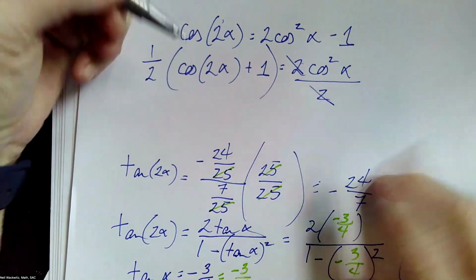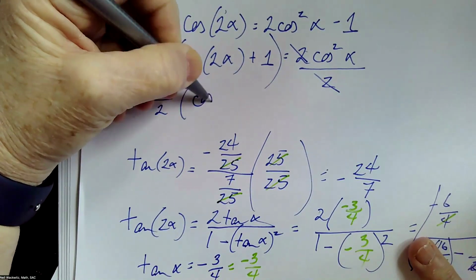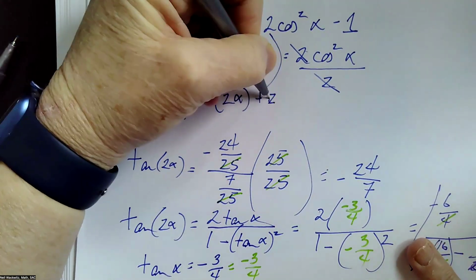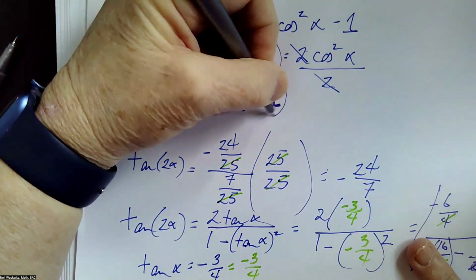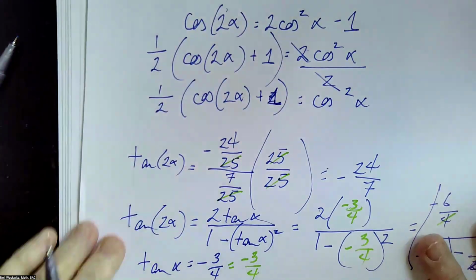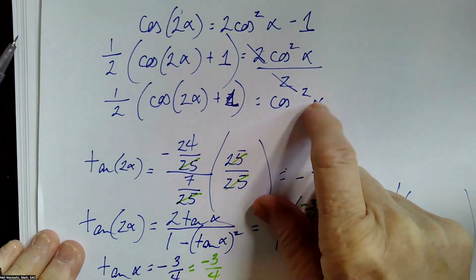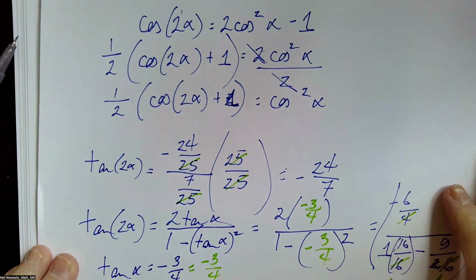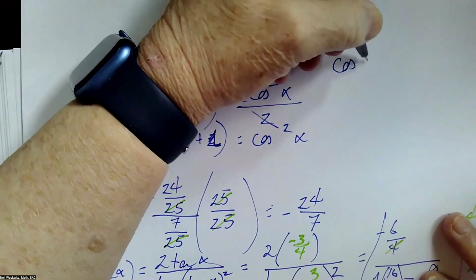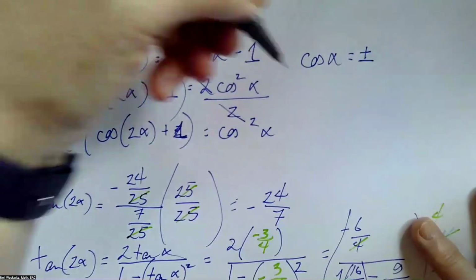So now I'm almost there. So we've got 1/2 times cosine of 2 alpha plus 1 is cosine squared of alpha. If I want to solve for cosine alpha instead of cosine squared alpha, I need to take the square root of both sides and put in a plus or minus.